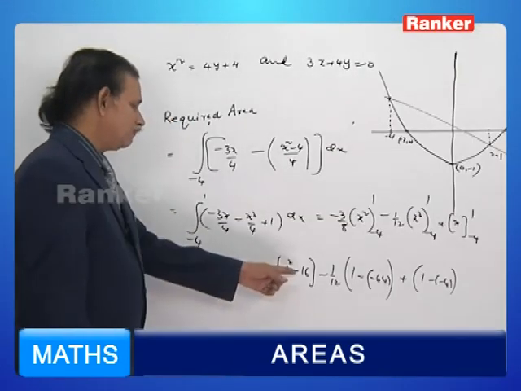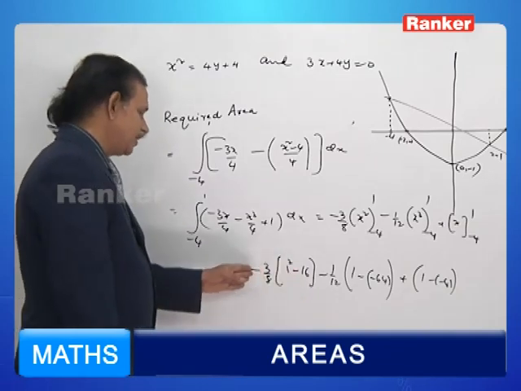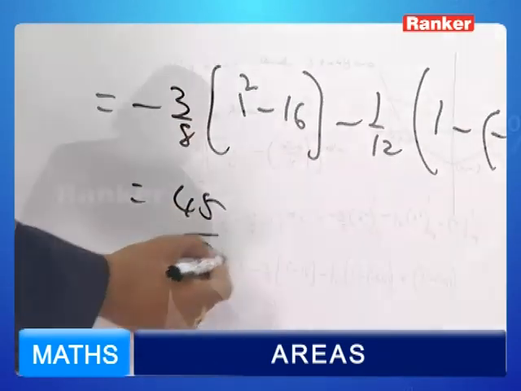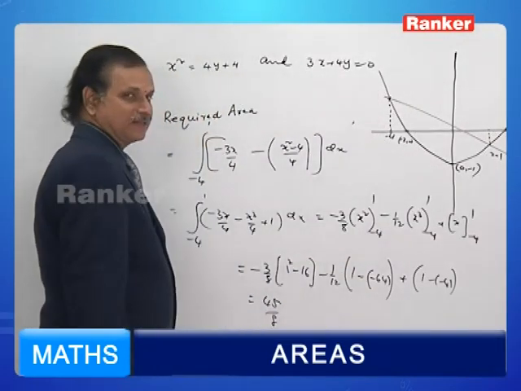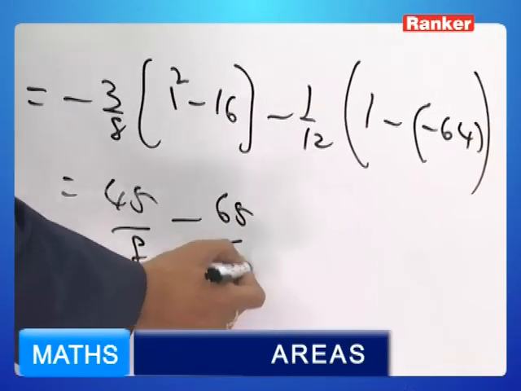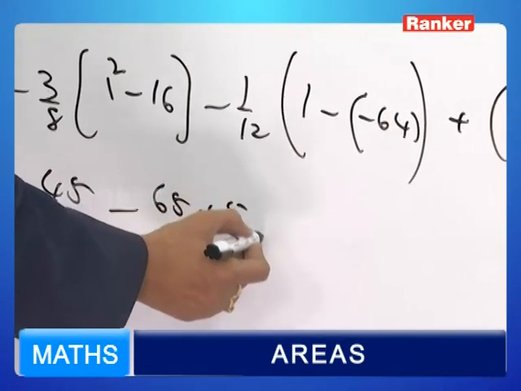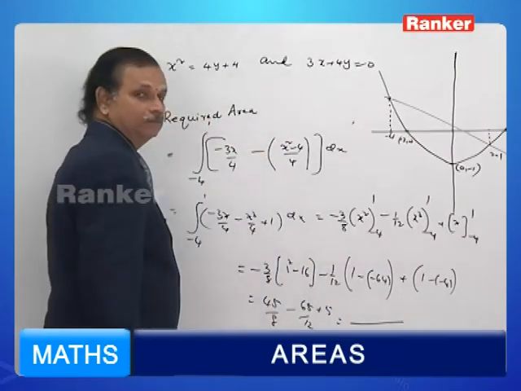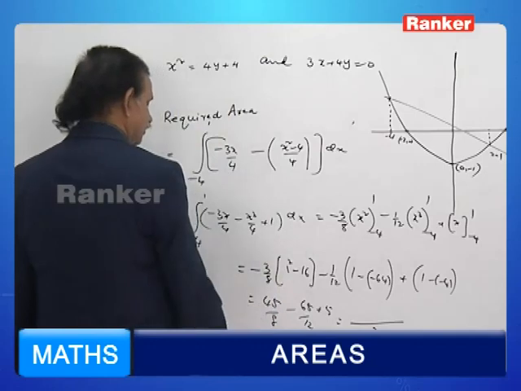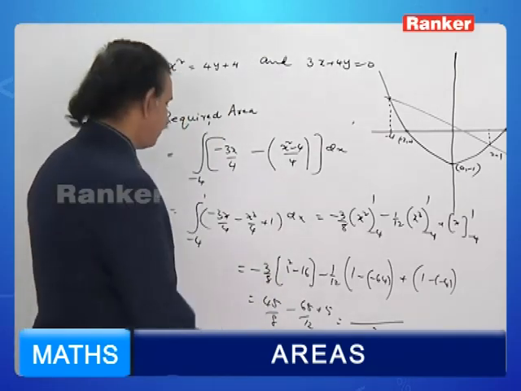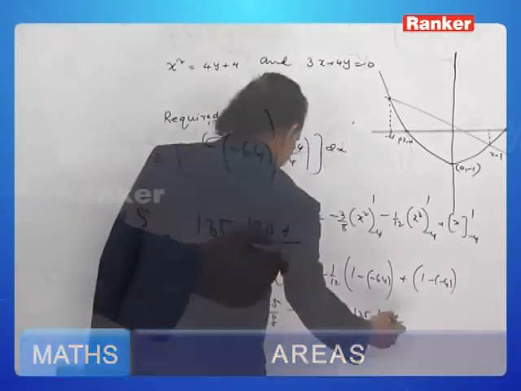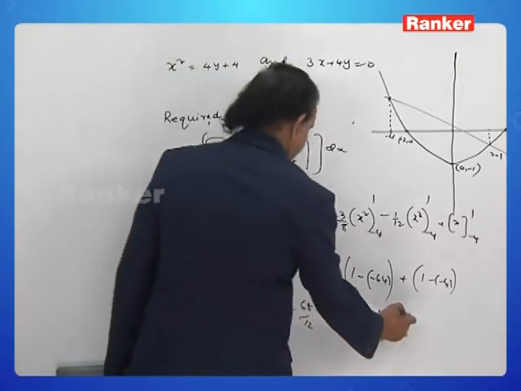Altogether this is 1 minus 16 is minus 15, minus of minus is plus, 15 times 3 is 45, 45 by 8. 1 minus of minus 64 is 1 plus 64, that is 65, 65 by 12, and the last one is 5. 24 is the LCM. 3 times 45 is 135, minus 130, plus 24 times 5 is 120.